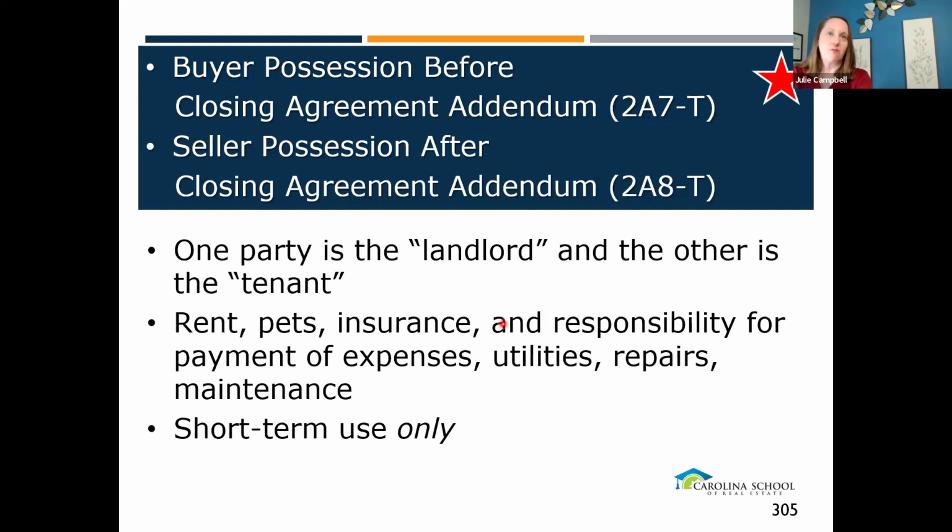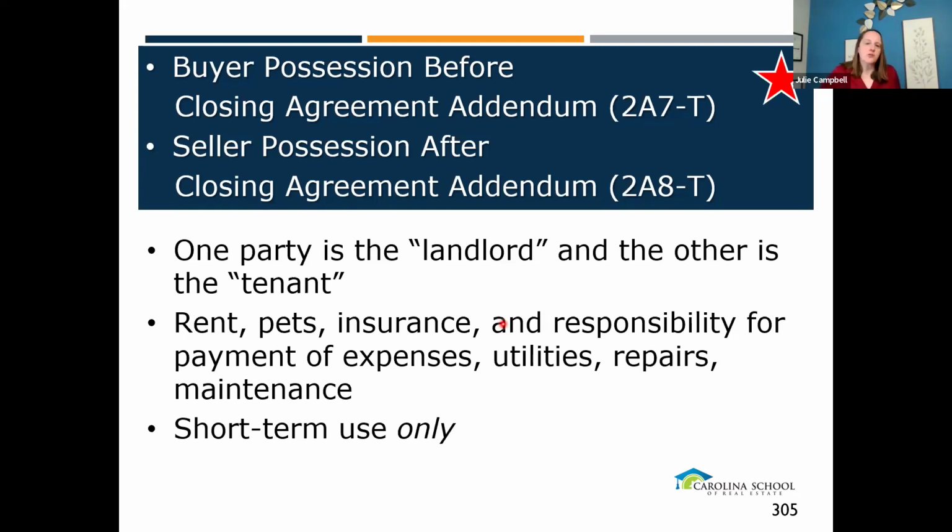We've got to negotiate rent, how many days, are pets allowed? Insurance is the big one on this. The homeowner needs homeowner's insurance. The tenant needs renter's insurance for their stuff. So both parties need to make sure they're adequately insured.